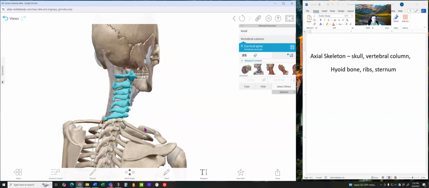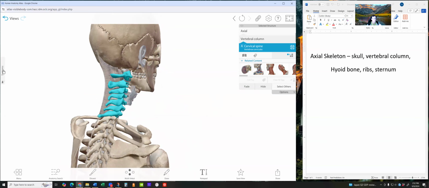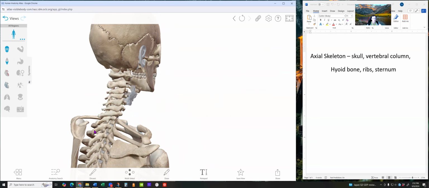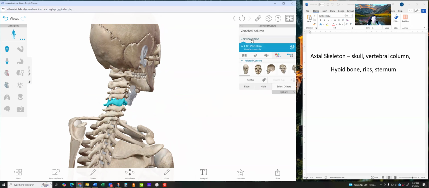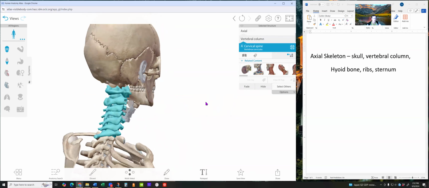Okay, the software put those darn ligaments back in, so I'm going to click them off again. There we go. So cervical vertebrae, cervical spine. Notice you have 1, 2, 3, 4, 5, 6, 7. 7 cervical vertebrae. Okay.